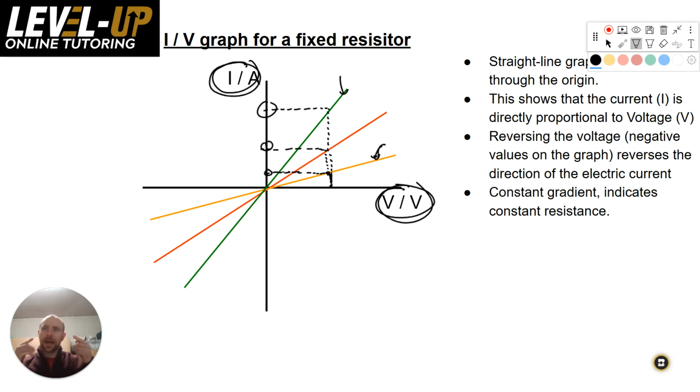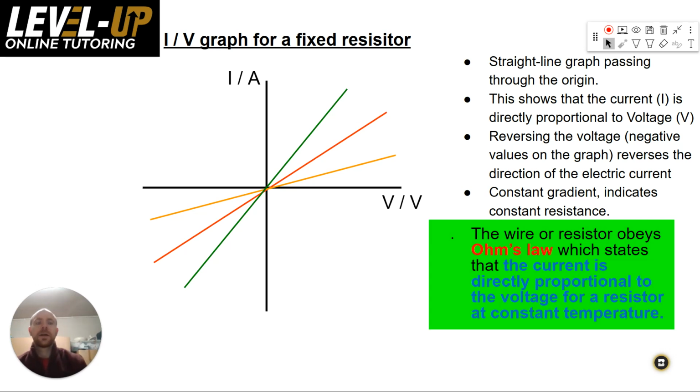So you really want to think, if the potential difference, that push, is increasing, but the current is going down, then that means the resistance is going to be greater. So just think about what these gradients mean rather than just learning it off by heart. But as I say, they normally have the voltage on the x-axis and the current on the y-axis.